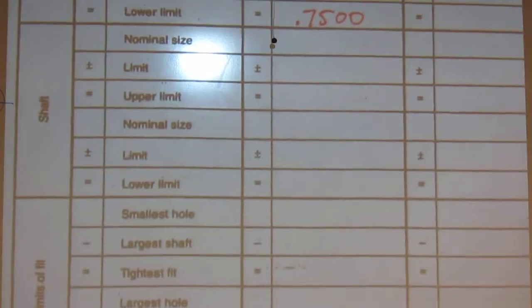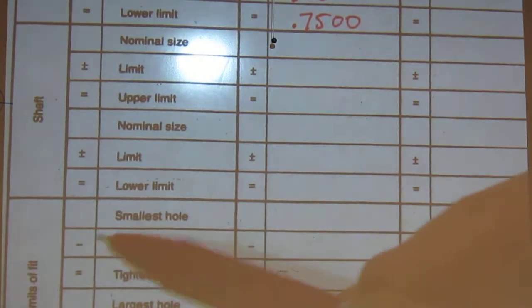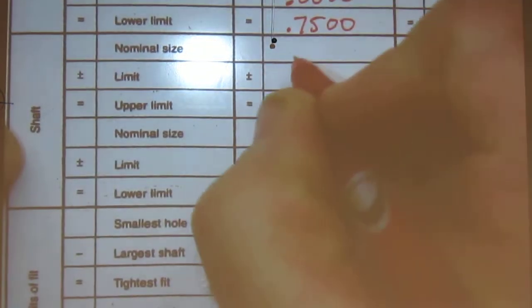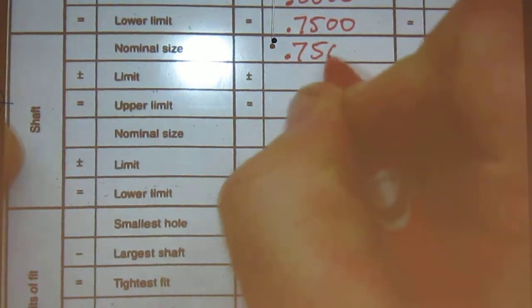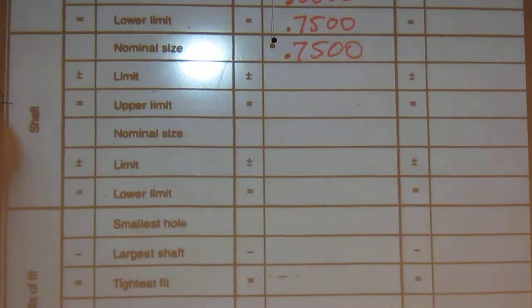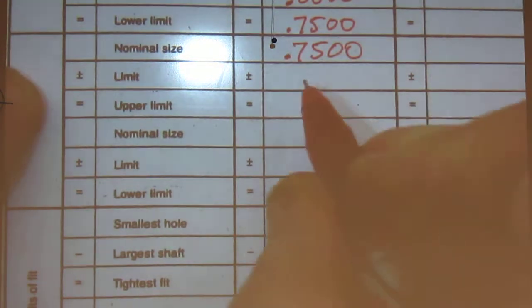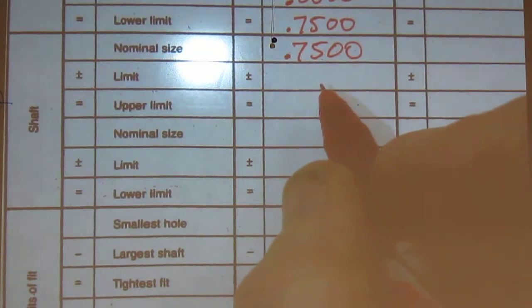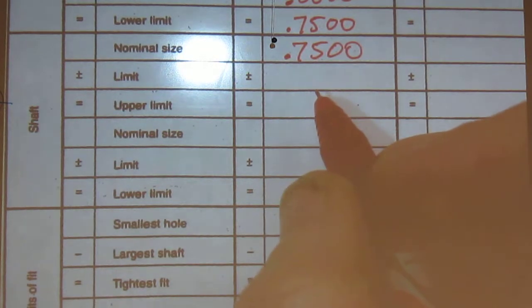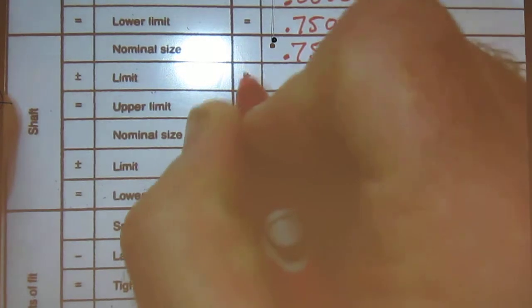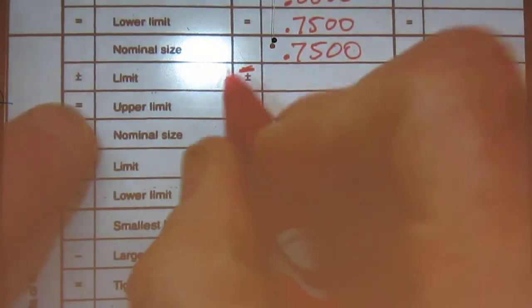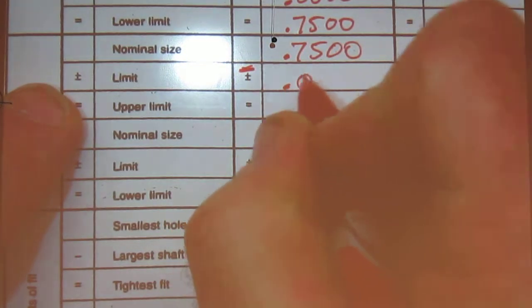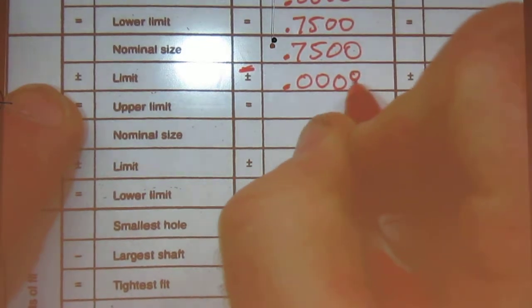Now, then we move to the next part. This one has the shaft with it. Again, what is our nominal size? It is 0.7500. So we're using the basic size for both devices. What is our upper limit on this? Negative. So pay attention to these signs, minus 0.0008.